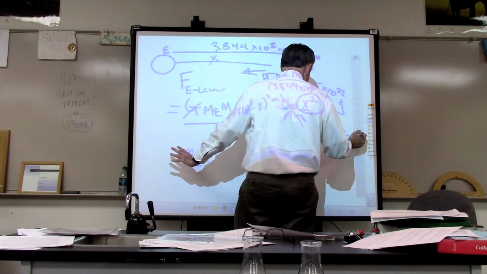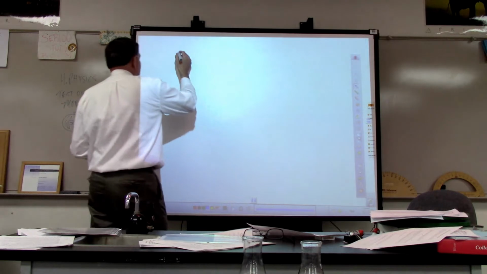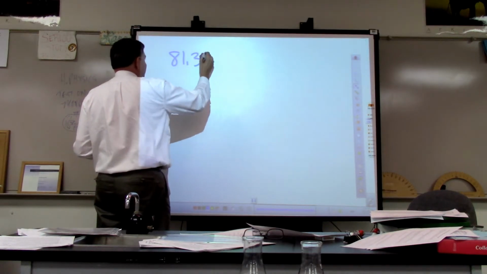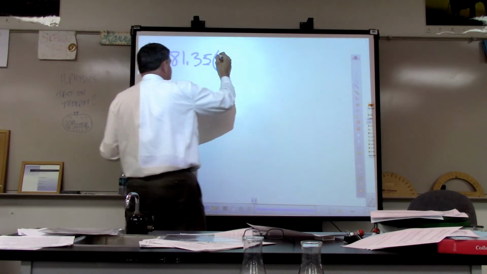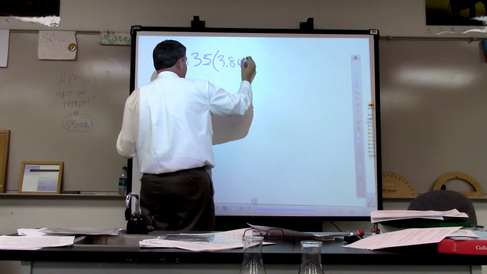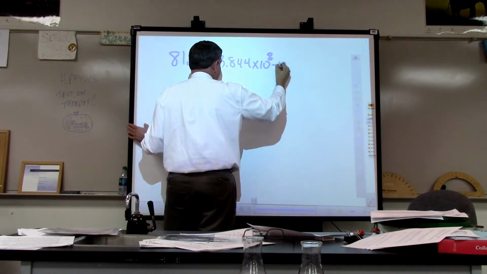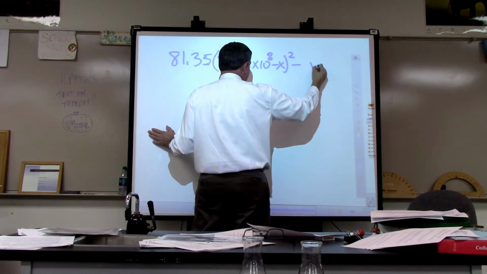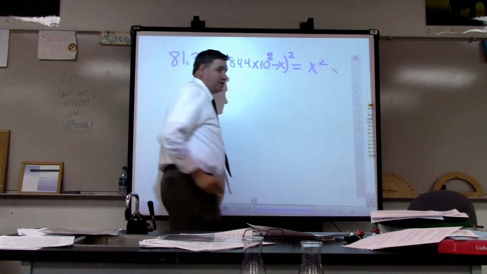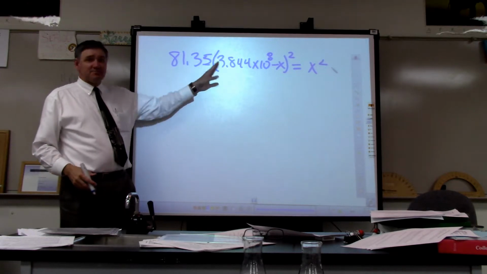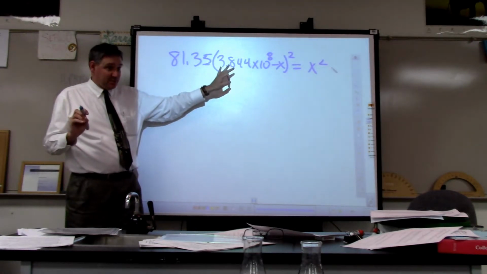Now we're going to clean this up even more. So we've got 81.35 times 3.844 times 10 to the 8th minus x quantity squared is going to equal x squared. This just made this number a lot more manageable.